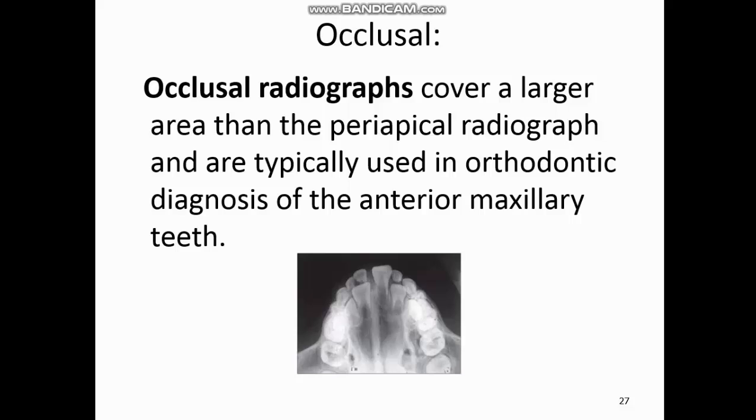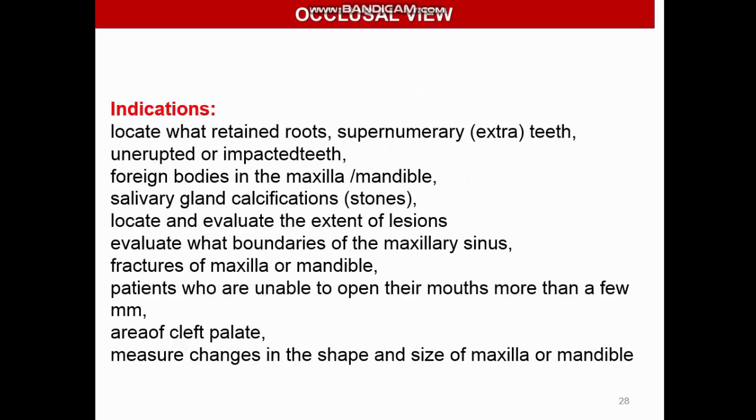Occlusal X-rays show the roof or floor of the mouth and are used to find extra teeth that have not yet broken through the gums, jaw fractures, a cleft palate, cysts, abscesses, or growths. Occlusal X-rays may also be used to find a foreign object. Thus, occlusal radiographs cover a larger area than the periapical radiograph and are typically used in orthodontic diagnosis of the anterior maxillary teeth.